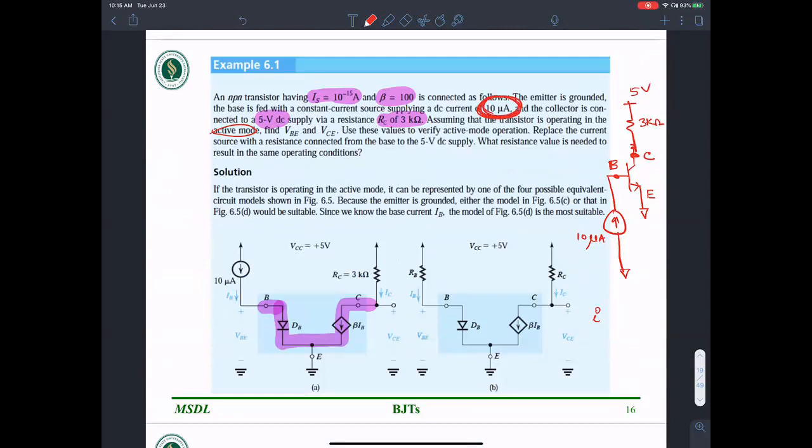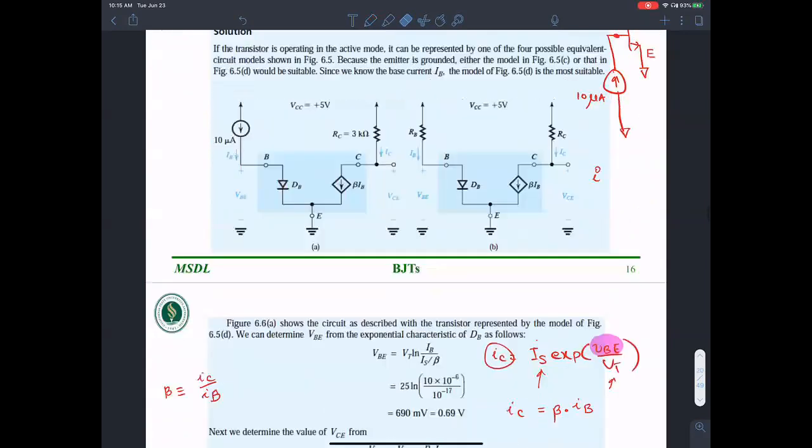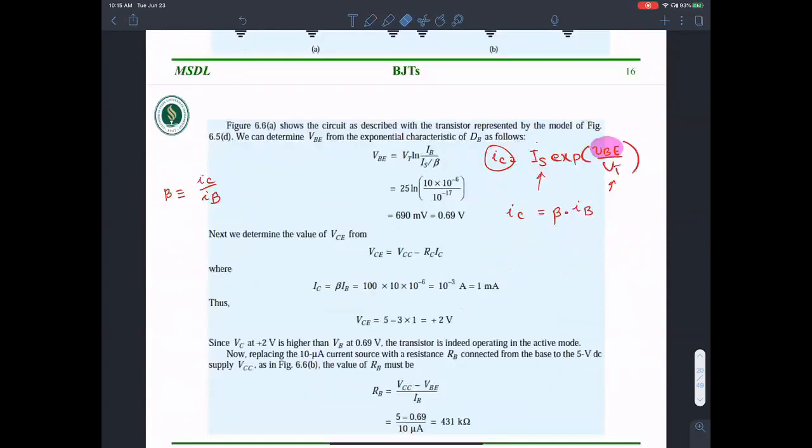Once we have this value, we should be able to calculate the value of IC, which is IB times beta.